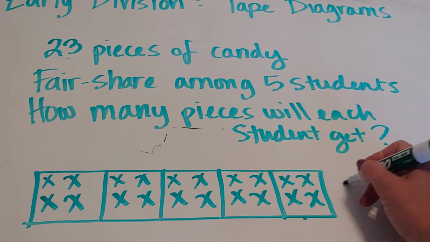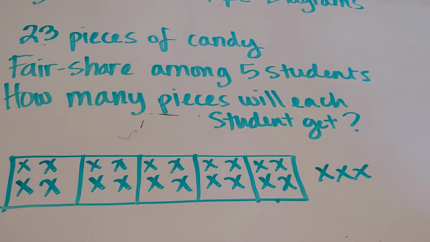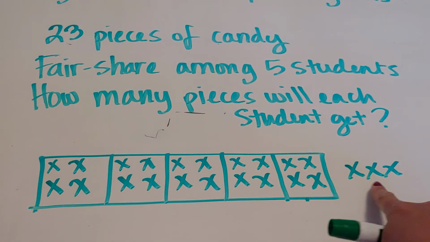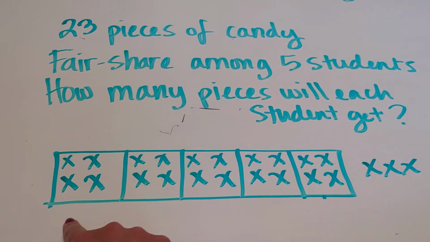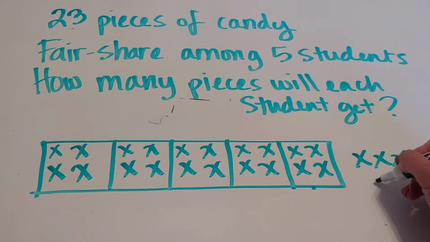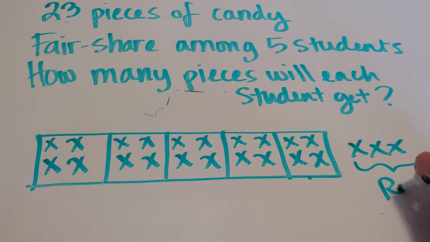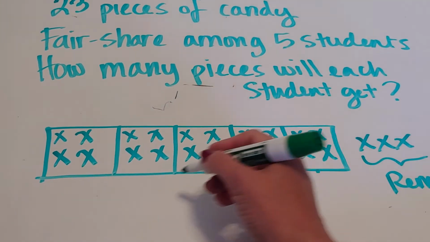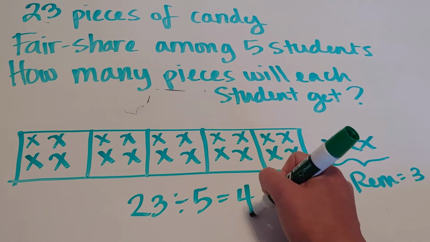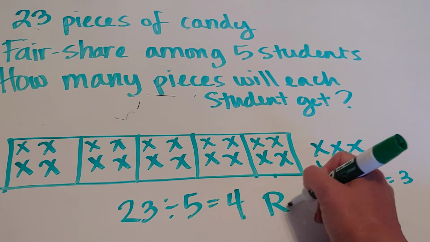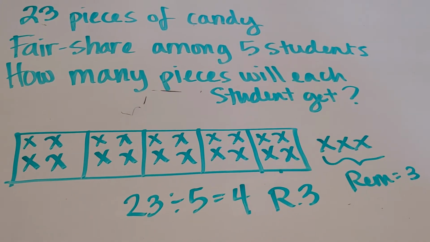However, I'll still have 3 pieces left, because here's my 20 and there's not enough to fair share with everybody. So this is a remainder of 3. So here 23 divided by 5 is 4 with a remainder of 3.